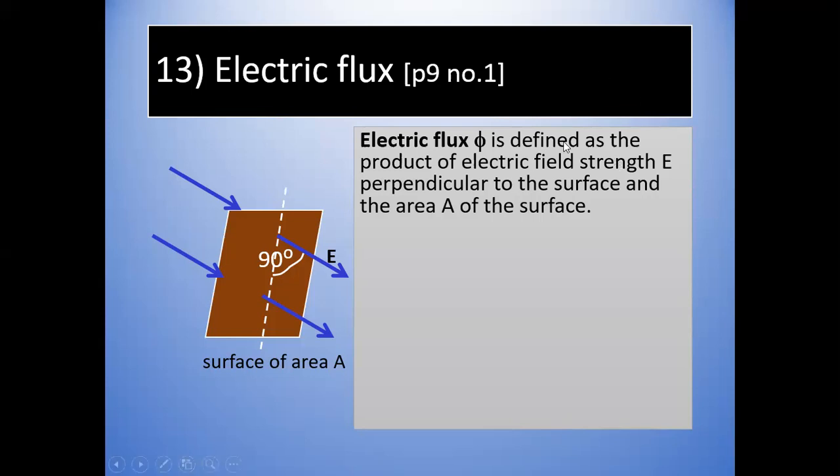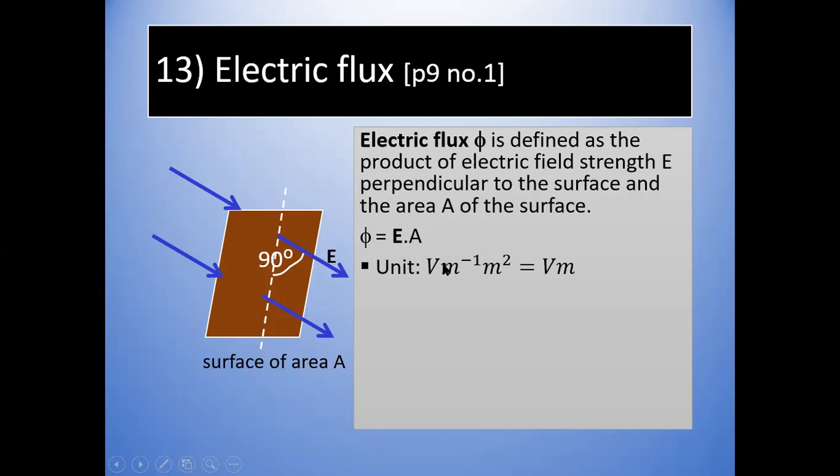So it's defined as the product of the electric field strength E, that's your E, perpendicular to the surface, and the area of the surface. E times A, with E perpendicular to the surface area.